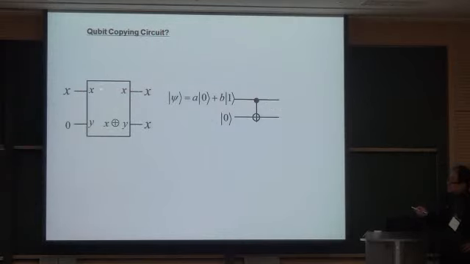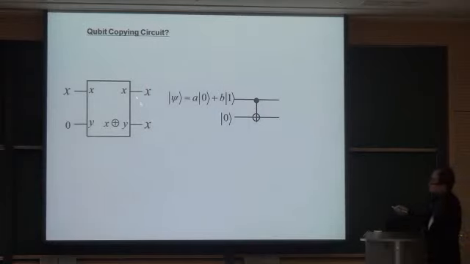When this is the control and this is the target, and X comes in here and 0 is provided in the second bit, if you do the addition X plus Y in binary, then this becomes X and X. So this is a copy. But here the condition is that X should be only 0 or 1. Then you can copy.